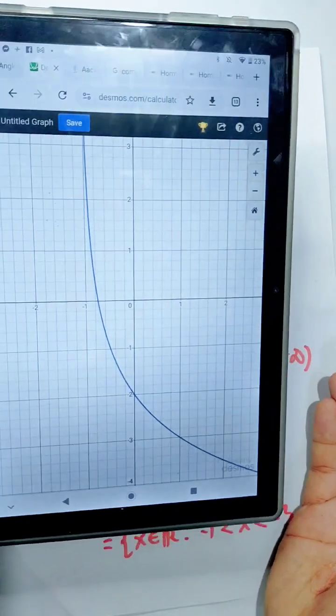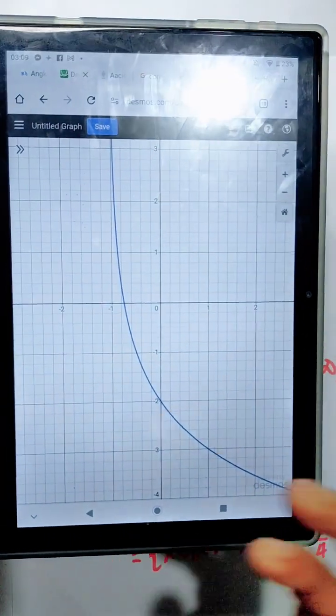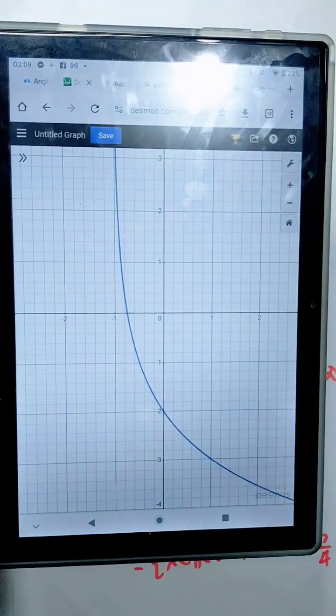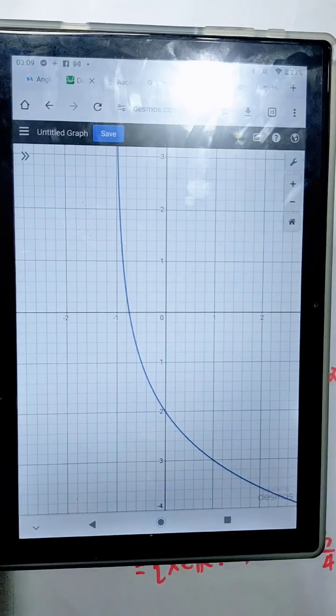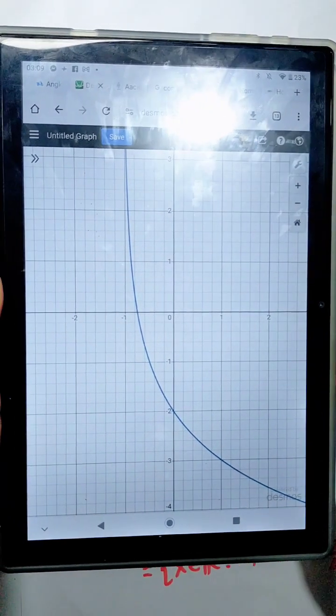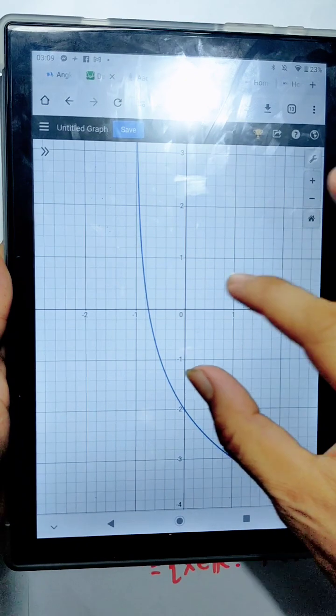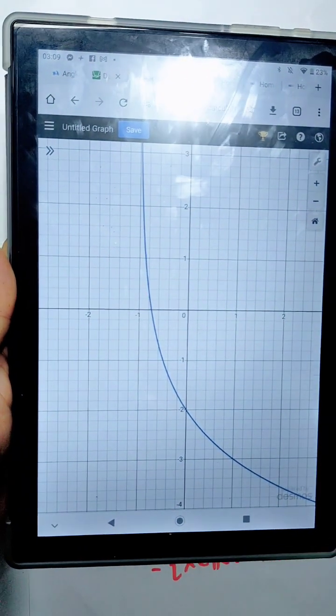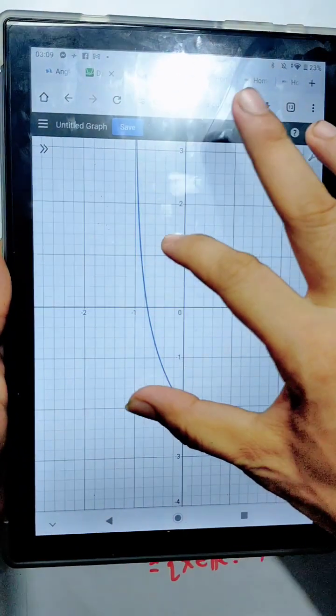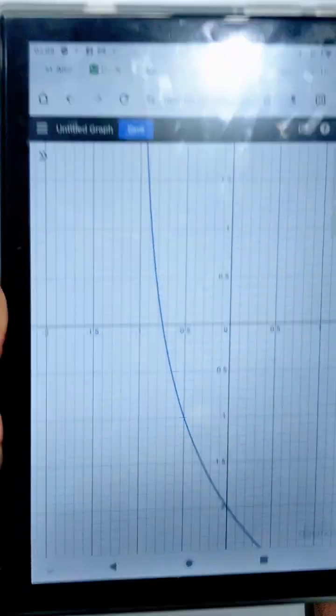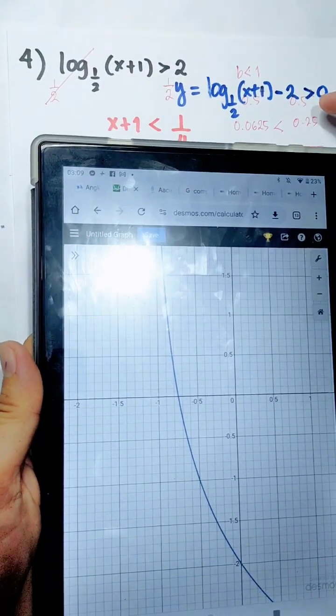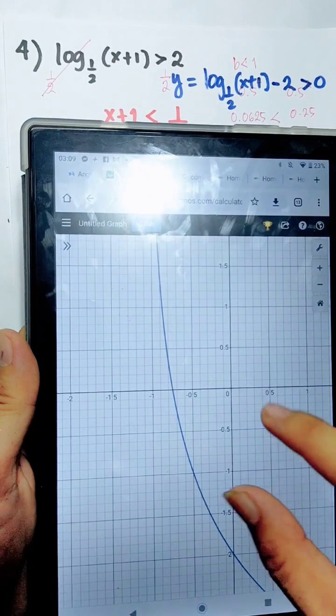Our solution says that we start from -1 up to -3/4, and they're open intervals. Now if we look at this graph, we're looking at the positive y values.